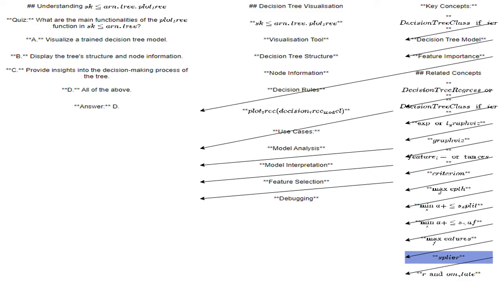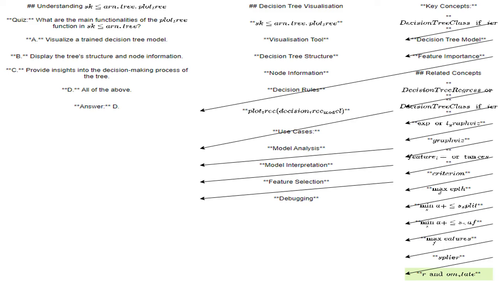Use: building decision tree models for classification problems such as predicting customer churn, detecting fraud, or classifying images. Decision tree model: a supervised learning model that uses a tree-like structure to represent decisions and their consequences. Use: predicting categorical outcomes based on input features.